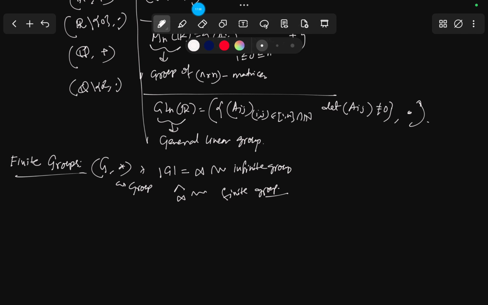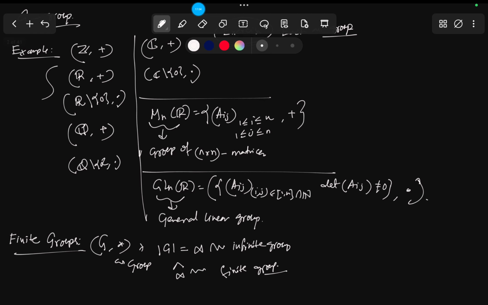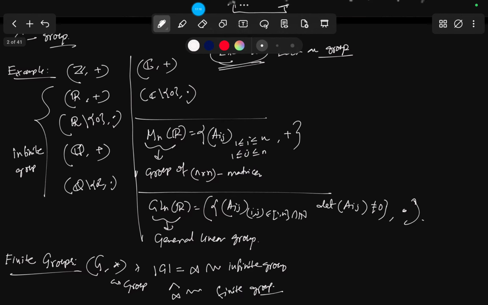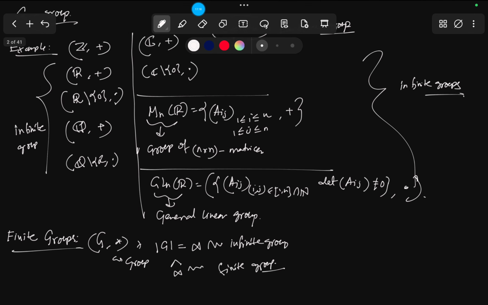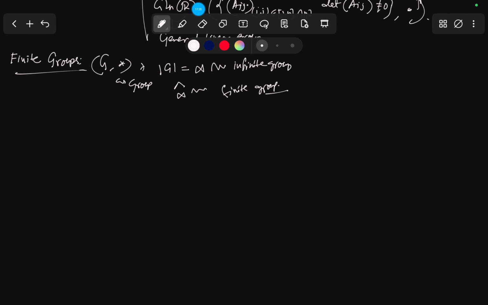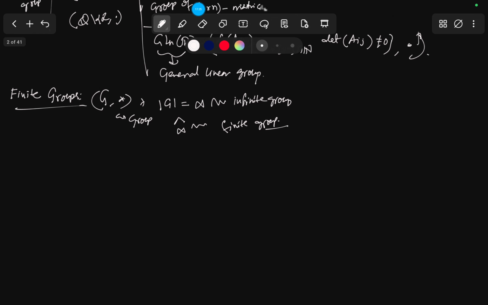Okay, so whatever examples we have talked about here are all infinite groups. Also these. But if we want to speak about some finite groups, there are some choices.